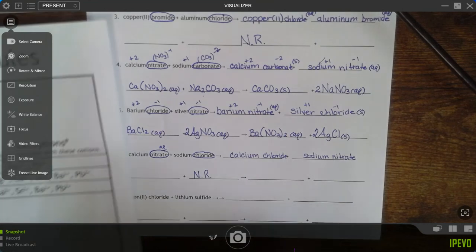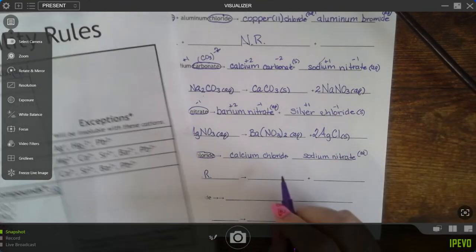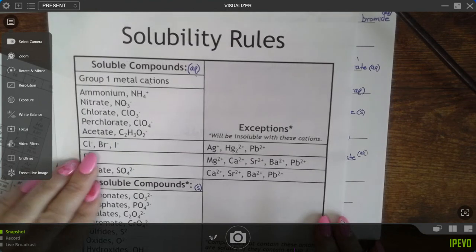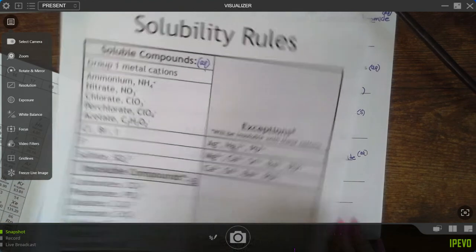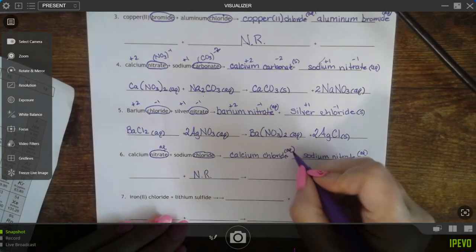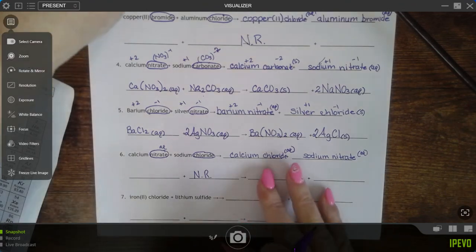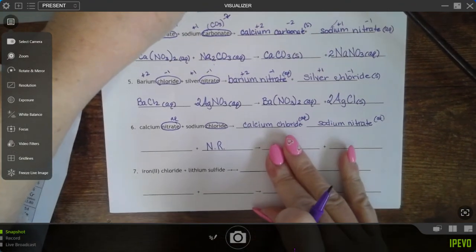Okay, so now you can see we know that nitrates are always going to be aqueous, and then chlorine is aqueous unless it's with silver, mercury, or lead. In this case, it's with calcium, so that's going to be aqueous also, which allows us to say no reaction. We don't have to write the chemical equation for it.